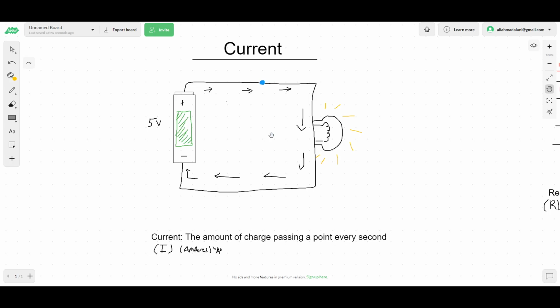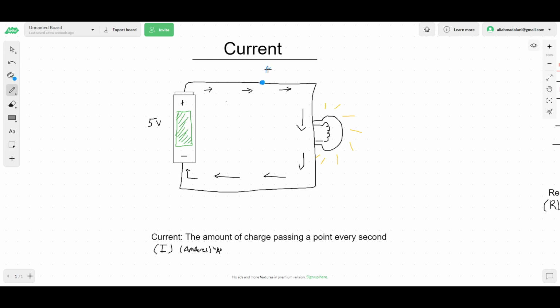Now let's talk about current. For the same circuit that we've set up before, let's say we were at this blue point here. And what we're assigned to do is count how much charge passes us every second. So we stand here and we just wait and count every charge that passes us.